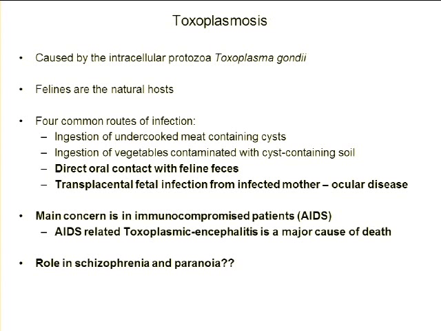You with me? Okay. Many studies have found significantly higher levels of antibodies to toxoplasma in schizophrenic patients compared to the general population. So schizophrenic patients have a higher antibody titer against the organism than the general population does.